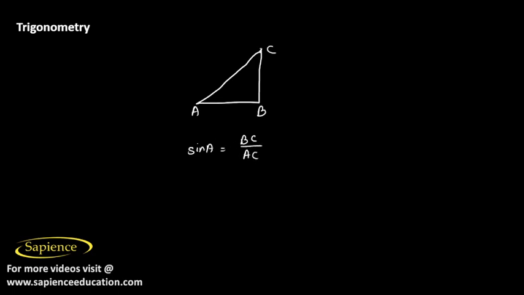If I draw a different triangle like this, the angle A is common, but I am just changing the length of the sides, and this new triangle I will call A, M and N. Now we can say the triangle ABC and triangle AMN are similar.